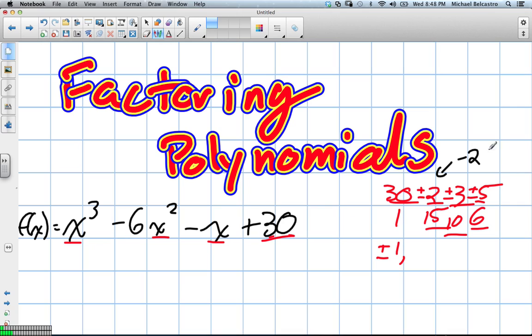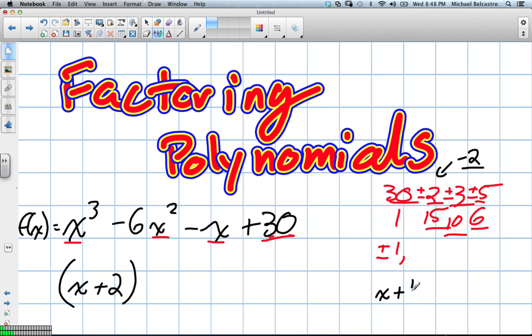So, because it's negative 2, what am I going to divide by? I'm going to be dividing by x plus 2. This is going to be our factor. We're going to be dividing by this, x plus 2, right? Because it's negative 2. And essentially what you could say is it's our k value.